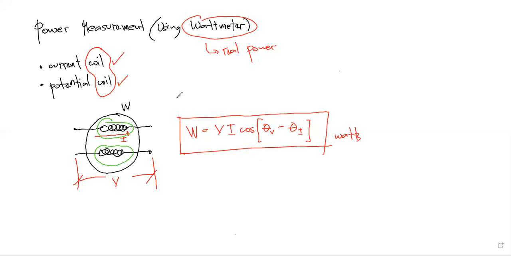The reading of the wattmeter is vectorial. That means it follows the magnitude and the direction of the quantities that are being measured.